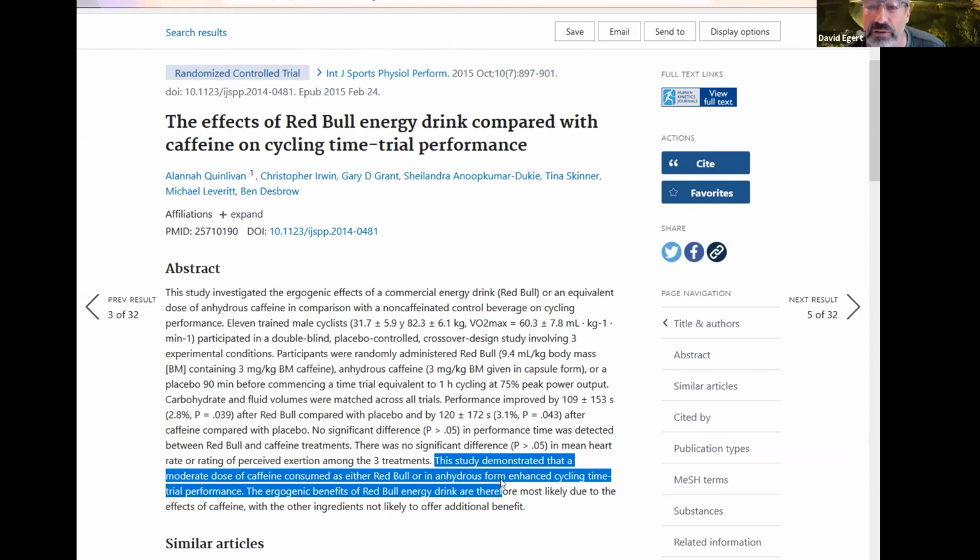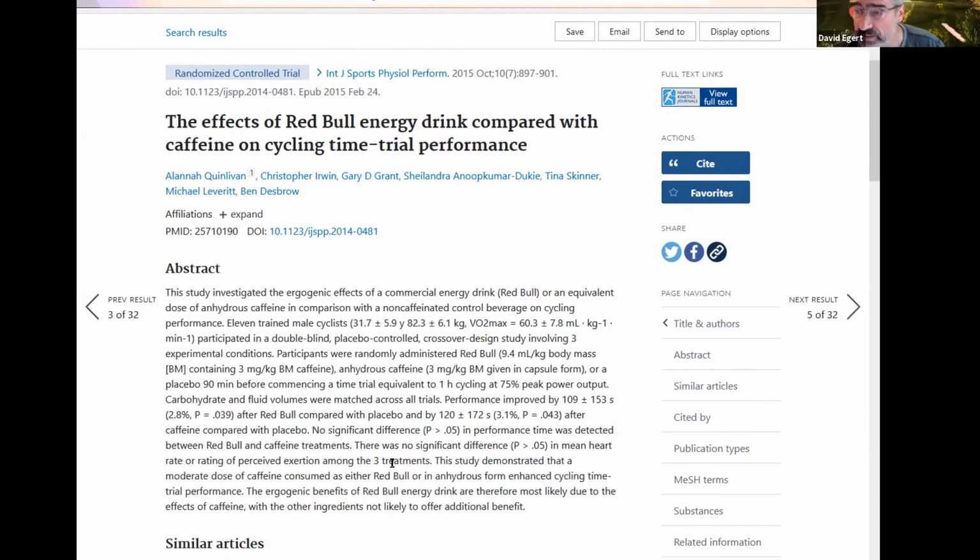That's not how science writing works. Instead, you'd say, Quinn-Livin 2015 found that there was no difference between the effects of just pure caffeine and Red Bull, and therefore the caffeine seems mostly responsible for the positive effects we find from Red Bull. Use your own words. Don't use their words.